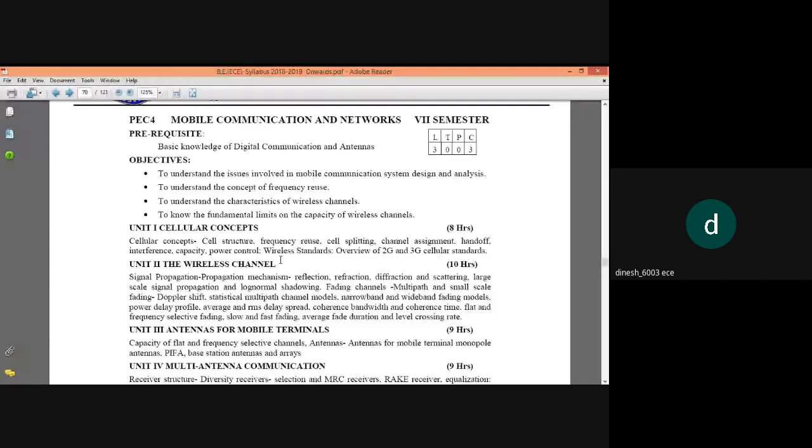And in addition to the digital communication subject, if you have chosen antennas in your professional elective 1, it would be more interesting and more understandable. It doesn't mean that if you have not studied antennas, you cannot study this.